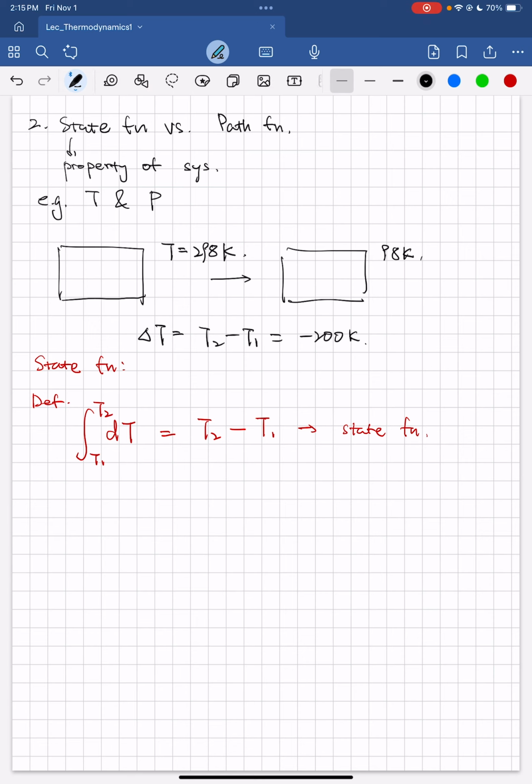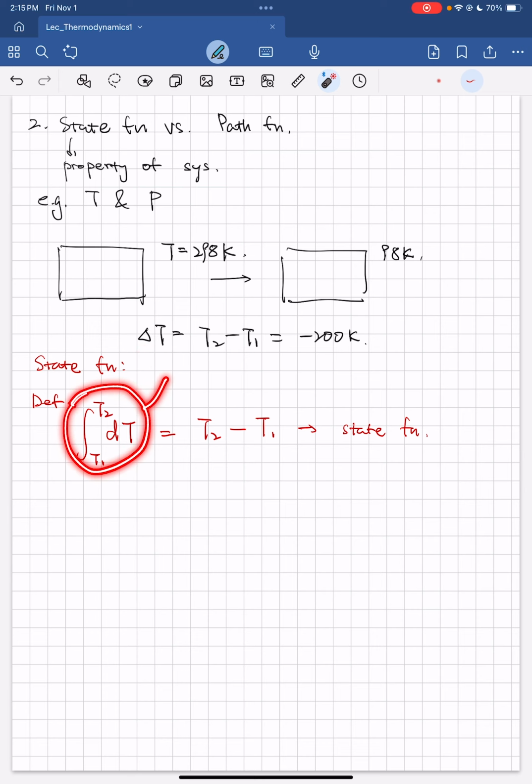Back to this case. State 2 is 98 Kelvin. State 1 is 298 Kelvin. If you want to calculate the temperature change, you don't have to integrate over a certain time or period.